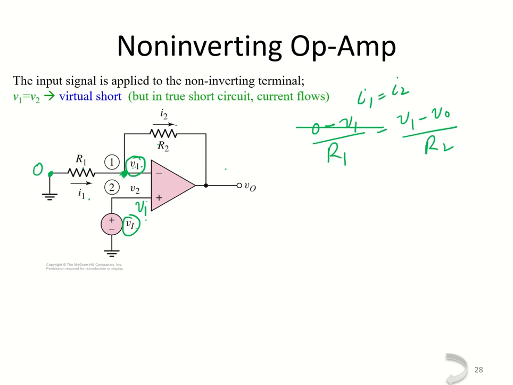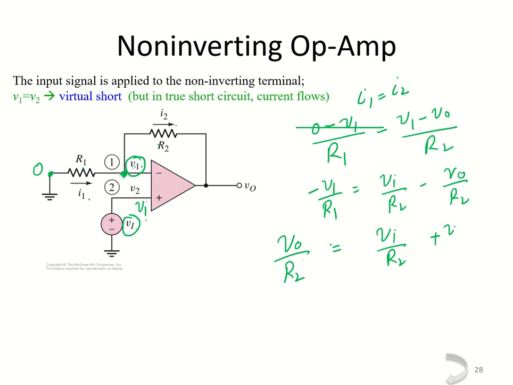That I1 is equal to I2. Or we can write this as minus V1 over R1 is equal to V1 over R2 minus V0 over R2. What we can do next is write this equation as V0 over R2 separately on this side, and these two will be coming here, V1 over R2 plus V1 over R1.